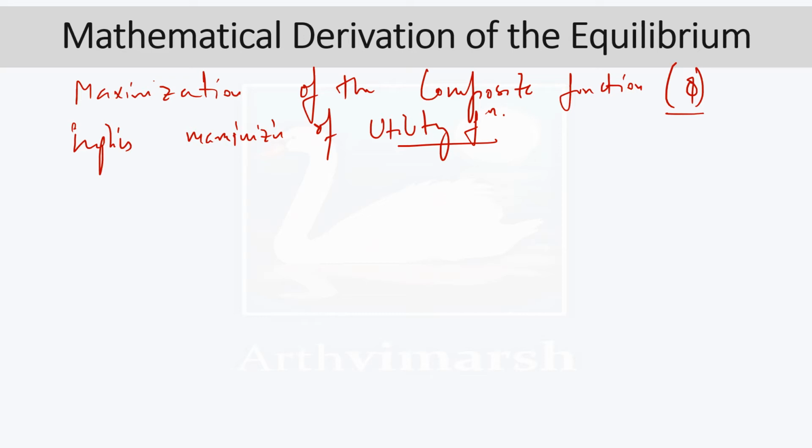The first condition for maximization of any function is that its partial derivative is equal to 0. This is the general rule of differentiation.